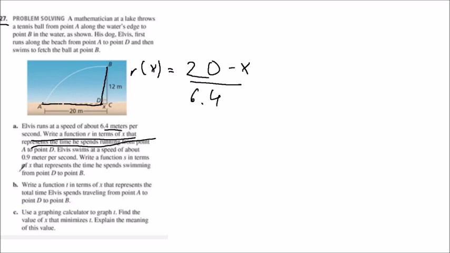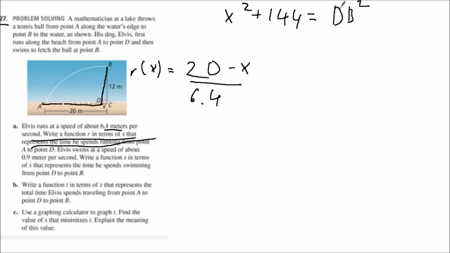Next, write the function s in terms of x that represents the time he spends swimming from point D to point B. Now, point D to point B is the hypotenuse, so we can use the Pythagorean theorem because there's a right angle right here. x squared plus 12 squared, x squared plus 144, is equal to DB squared.